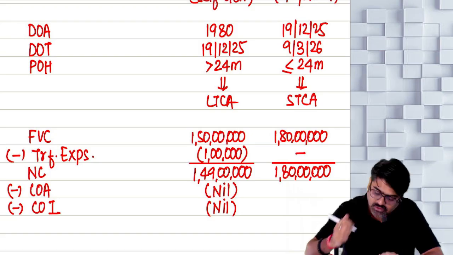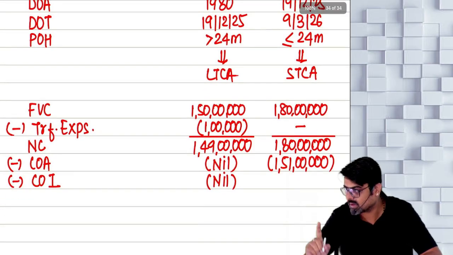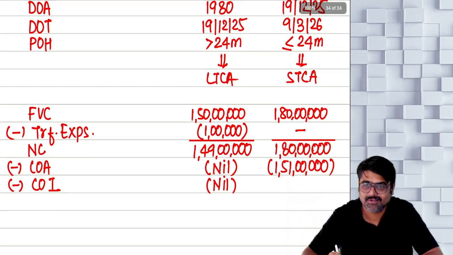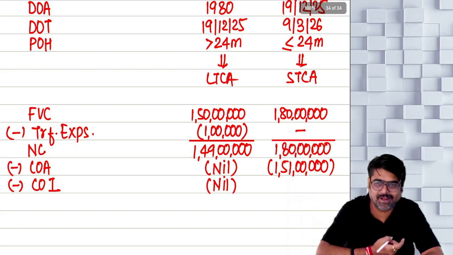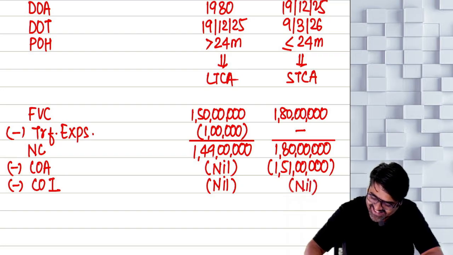So his cost will not be 1 crore 50 lakh, it will become 1 crore 51 lakhs. Got it? How many of you committed a mistake here? And you took that 1 lakh there also, no? I gave you an example yesterday also.